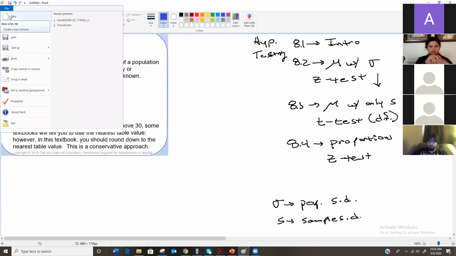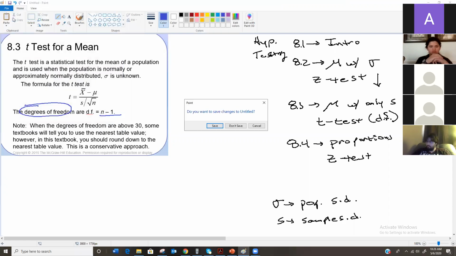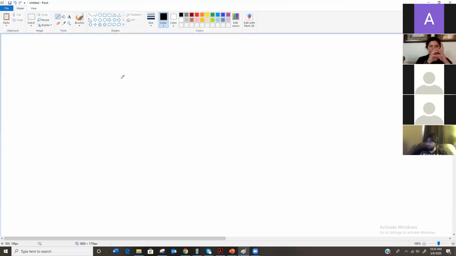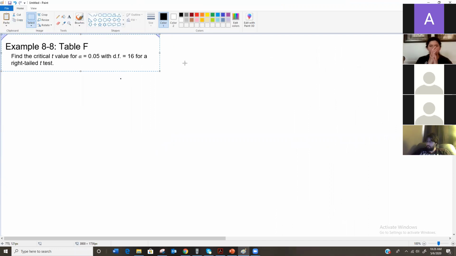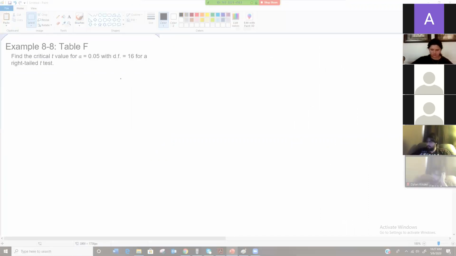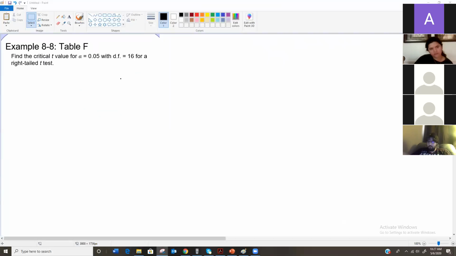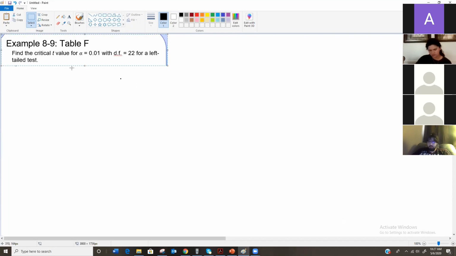We're good? Okay. So here's the first one. It says go to the chart and find the critical t-value if alpha is 0.05 and the degrees of freedom is 16. I'm going to put all three of these up here. And I'll pull the chart up here in a second if you don't have it.